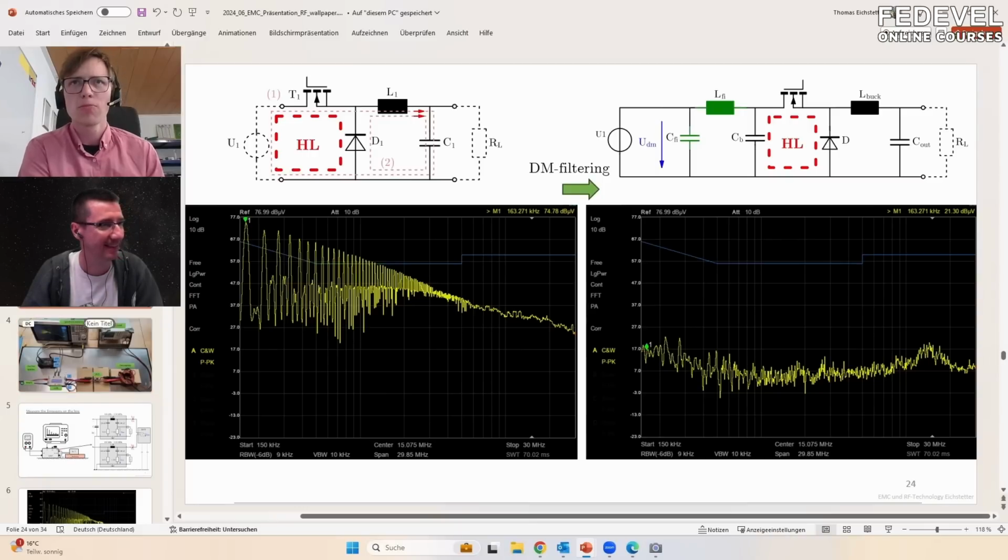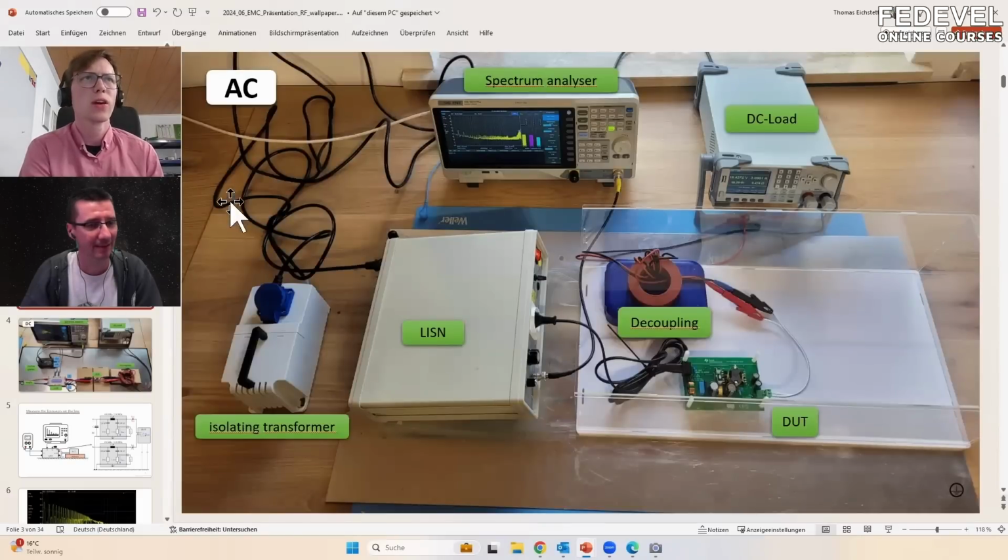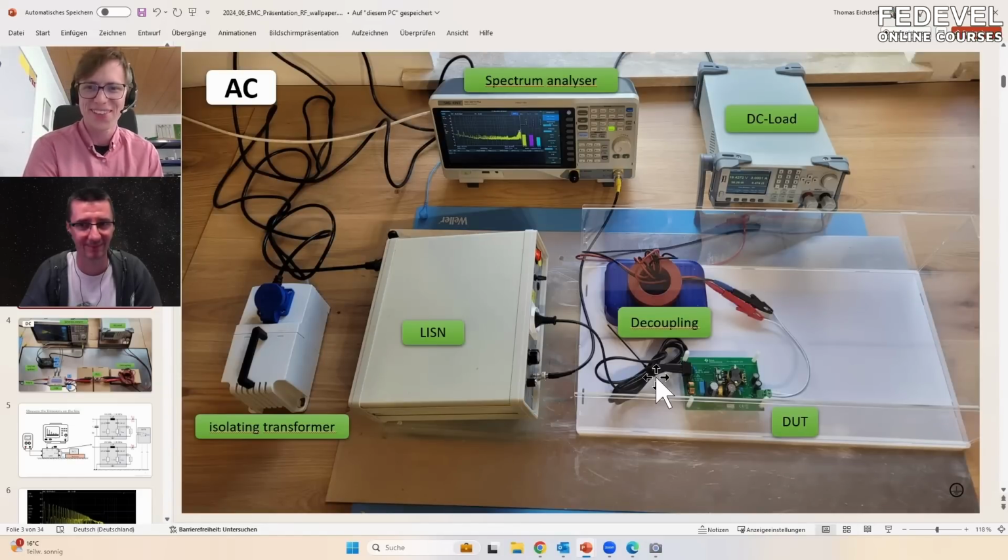Yeah, just imagine you have a power supply like this, and you later on want to sell it. Then you have to make the EMC test. And there's also one test where you're measuring the interference on the line. And this is normally done here with such an AC LISN.